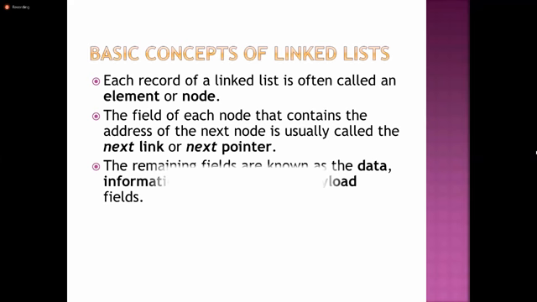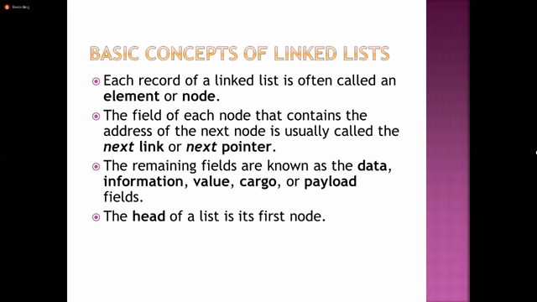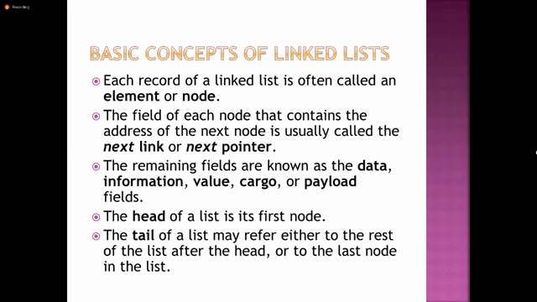Another terminology used for this is the payload. The head of the list is the first node. The tail of the list refers either to the rest of the list after the head or the last node.